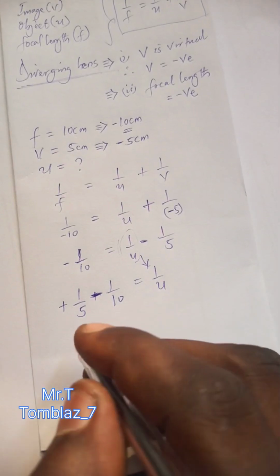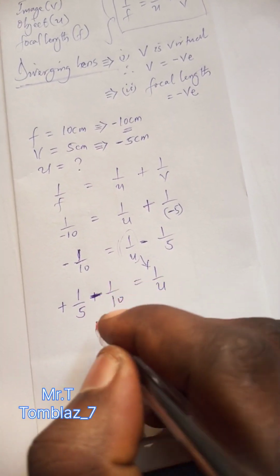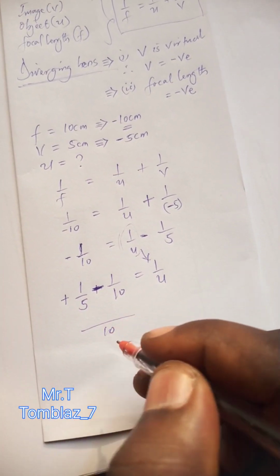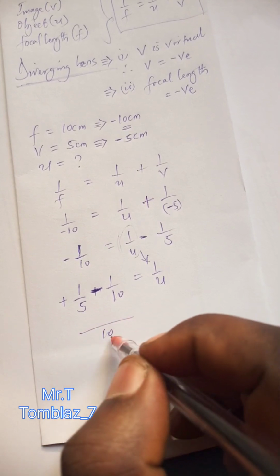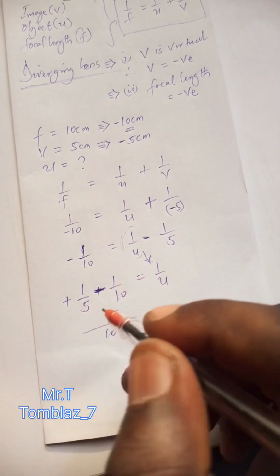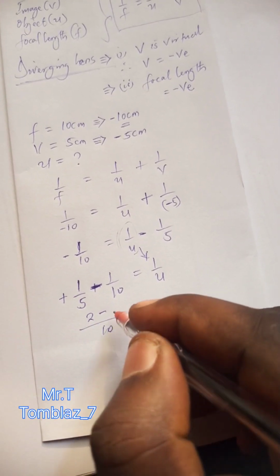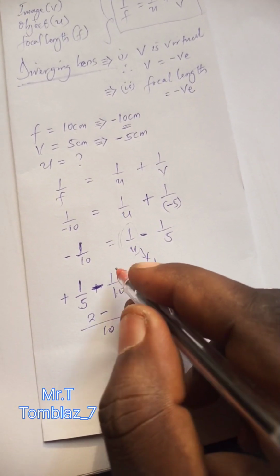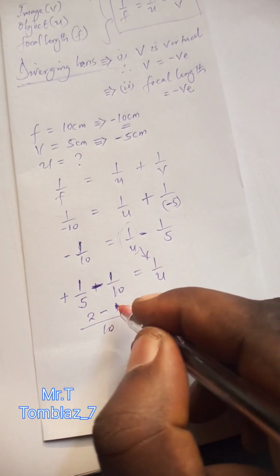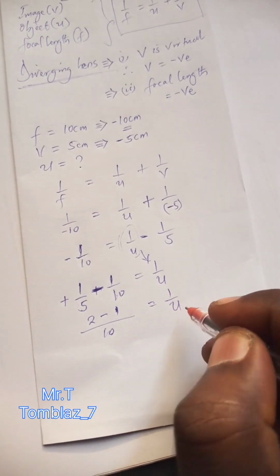Okay, so here we're going to be taking the LCM, and our LCM here is 10. So this is going to be 10 divided by 5, which gives us 2. So 2 times 1 will give you 2, minus 10 divided by itself will give us 1. 1 times 1 will give us 1, and it's equal to 1 over U, right?